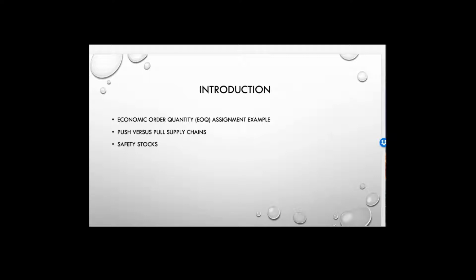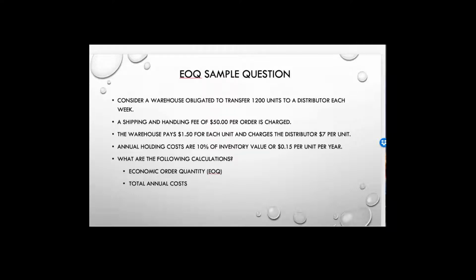But the textbook focuses mainly on the push strategy for safety stocks. And pull strategies are usually called buffer stocks because when we deal with pull, we're dealing with the flow of goods instead of inventory levels. So they're viewed a little bit differently, and I'll try to go over those distinctions when we get to safety stocks.